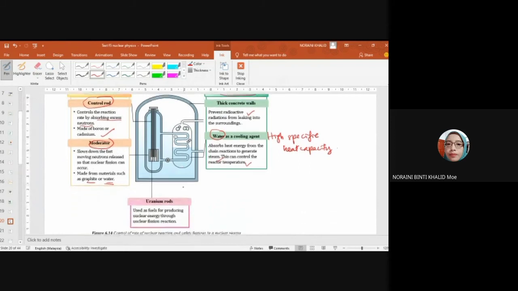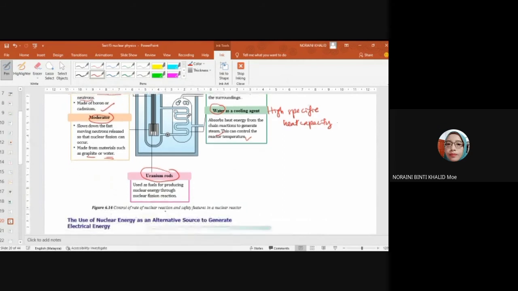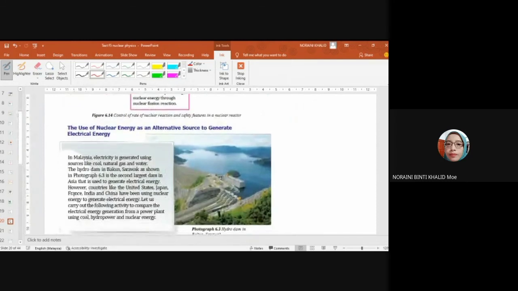And then the radioactive source, the uranium rod, is used as fuel for producing nuclear energy through the nuclear fission reaction. The use of nuclear energy is an alternative source to generate electricity.